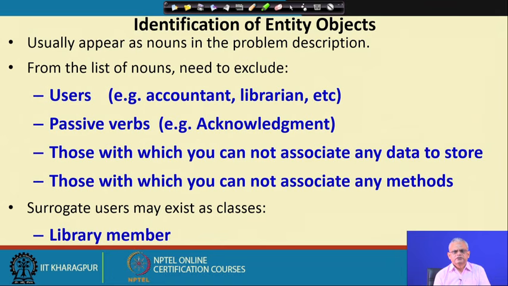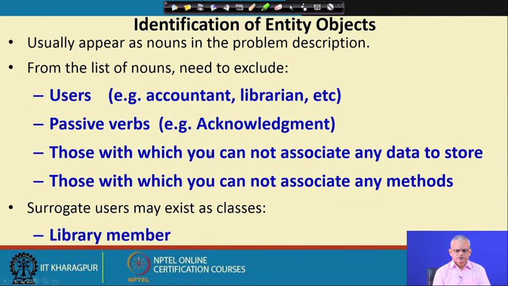But to start with, we underline the nouns in the problem description, and then, all nouns are not entity objects. We exclude several types of nouns. For example, if we have nouns like accountant, librarian, etc., which are the users, we exclude them.